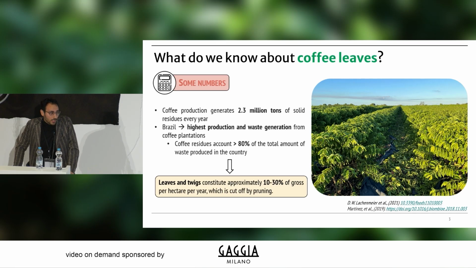It's estimated that more than 80% of the waste produced in the country comes from the coffee plantation. In all this waste, leaves and twigs constitute approximately 10 to 30% of the total, generated every year, mainly by pruning of the plants.